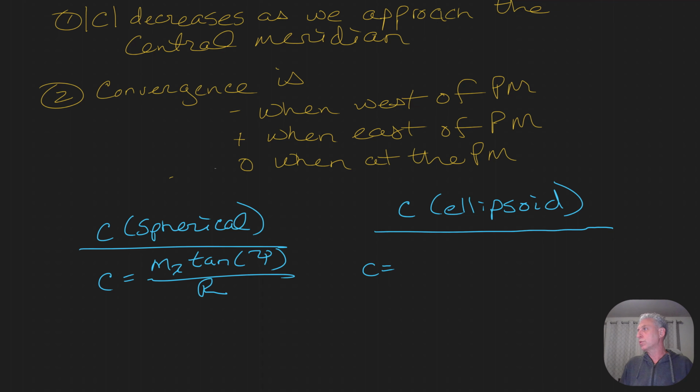So that equals, we start out the same, m lambda times the tangent of phi. So in an ellipsoidal model, we use phi instead of psi. So ellipsoid latitude is noted by phi. So far the same.